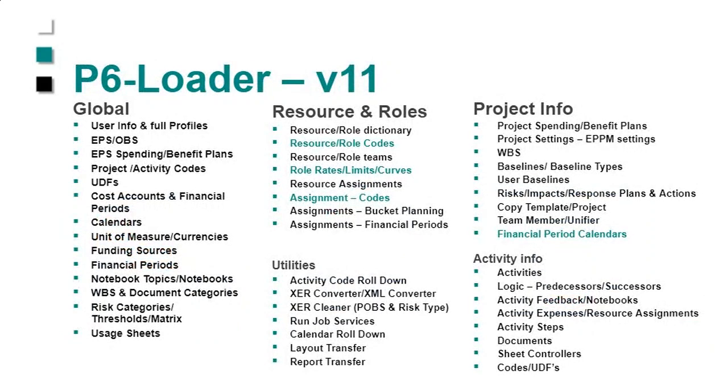I mentioned this is our version 11 of the software. So some of the key features that are new to this version are any of the version 20 new elements that Oracle has put into P6. And those include the role codes, the role rate limits, and the resource assignment codes they've added to the new version.